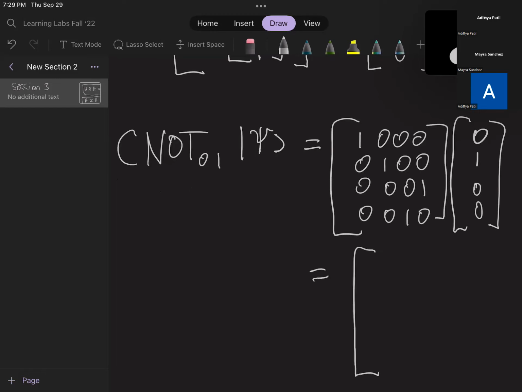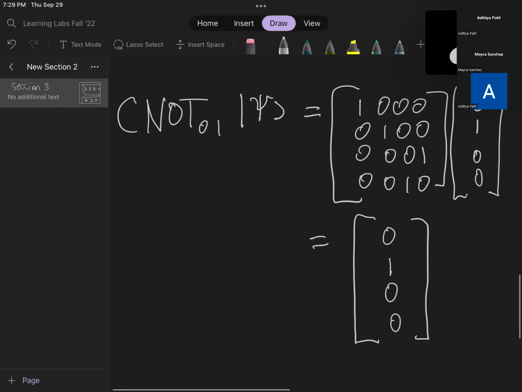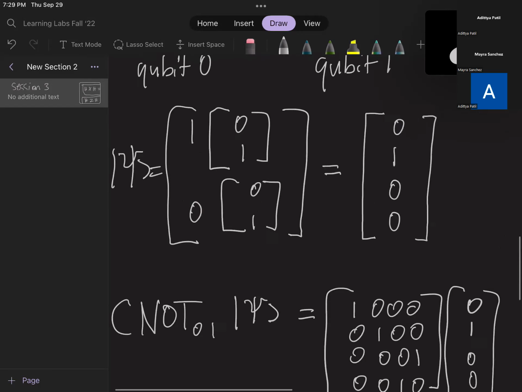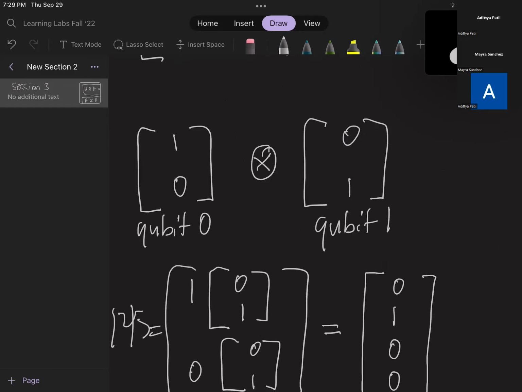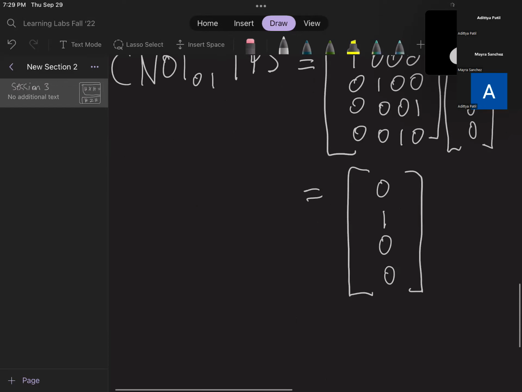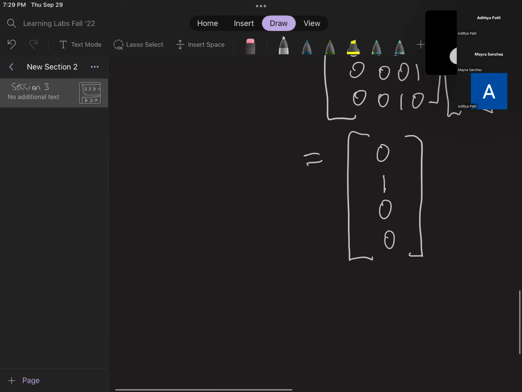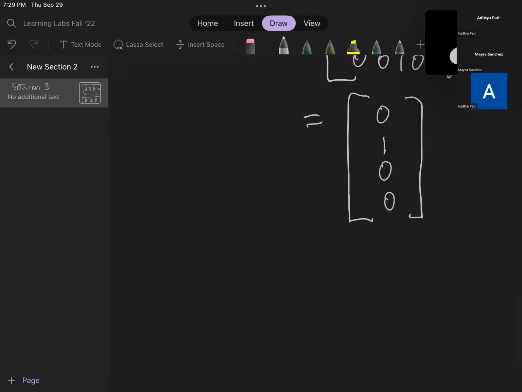And this should give me, hold on, first entry 0, second entry should be 1. So in this case, since our 0 qubit was in 0 state, it did absolutely nothing. So that's just the basics of how to do CNOT gate in matrix multiplication.